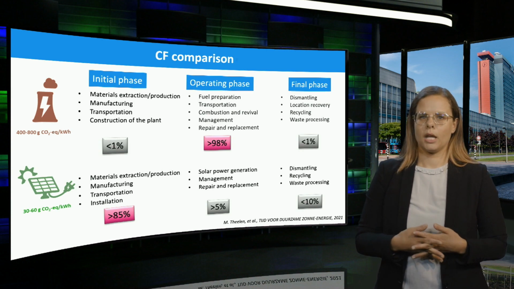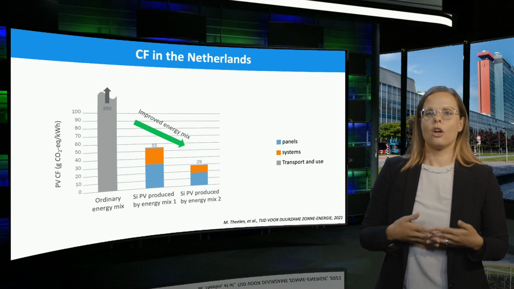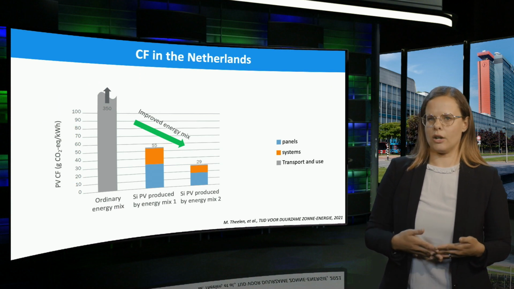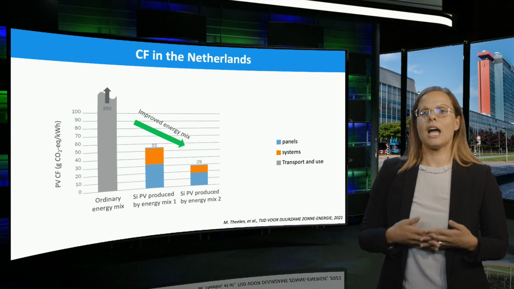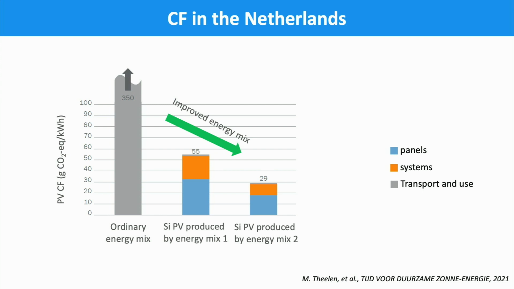For this reason, in many environmental profile-related studies, researchers disregard the final phase or end-of-life stage when defining the system boundaries. Here is a predicted carbon footprint plot for PV systems in the Netherlands. The end-of-life management is excluded. 3 energy systems with different energy mixes are compared: an ordinary energy mix mainly based on fossil fuels, and energy mix types with different and increasing shares of renewables.